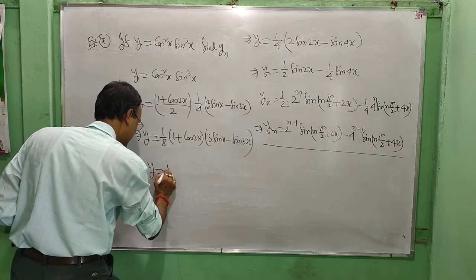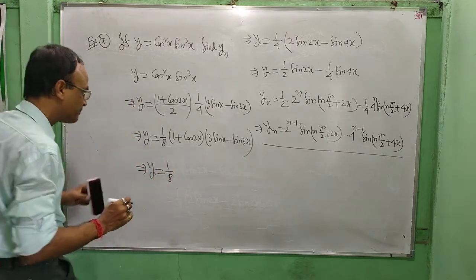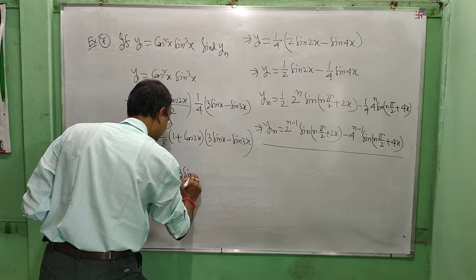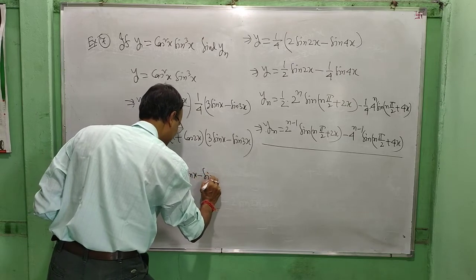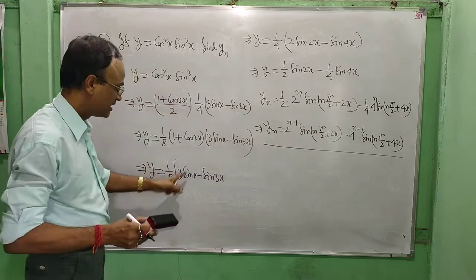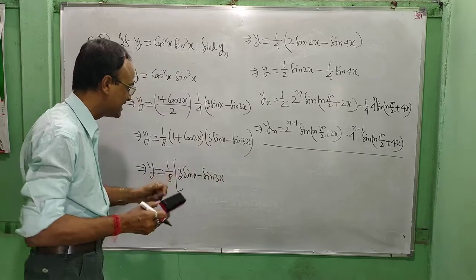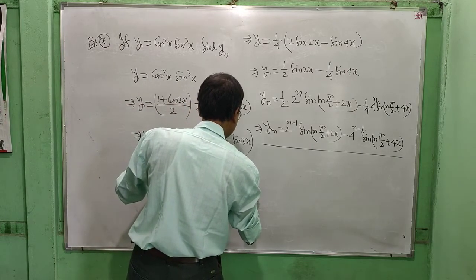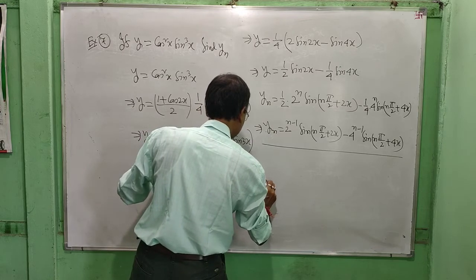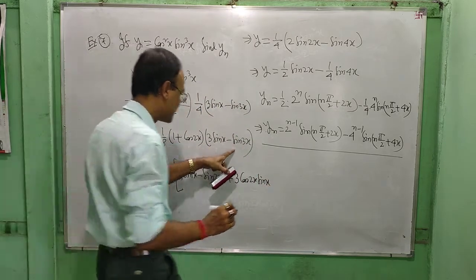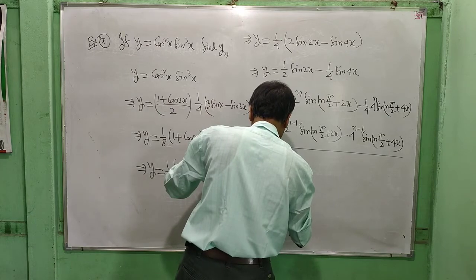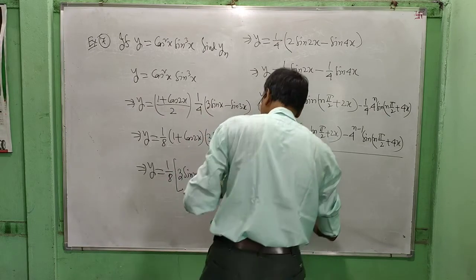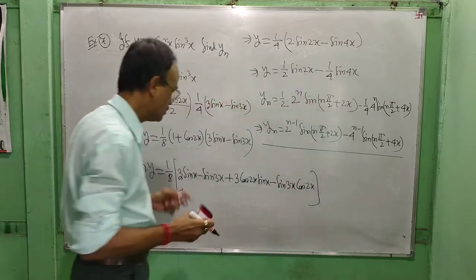This means y is equal to 1 by 8 (3 sin x minus sin 3x) plus 3 cos 2x sin x minus sin 3x cos 2x.